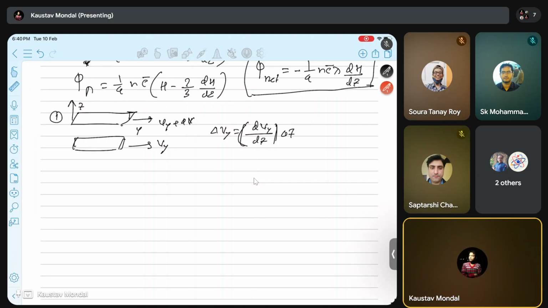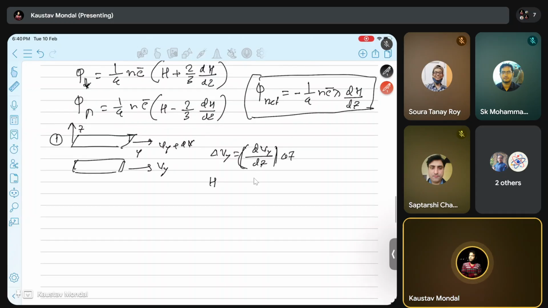In that case the physical quantity H for this expression is the momentum, m vy, and dH/dz is basically m dvy/dz. So you have to substitute this thing here.